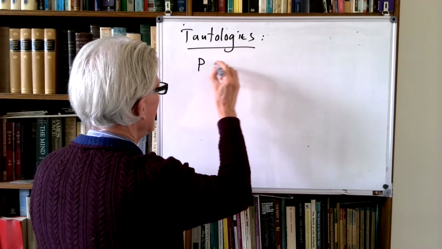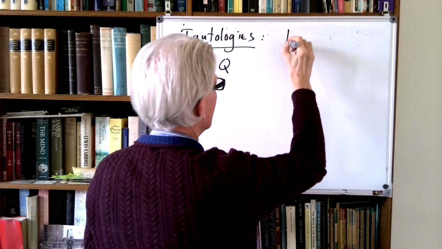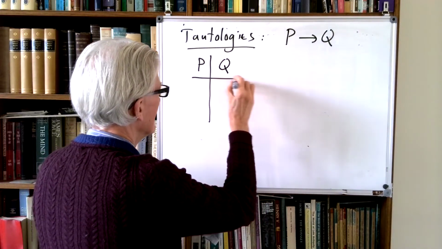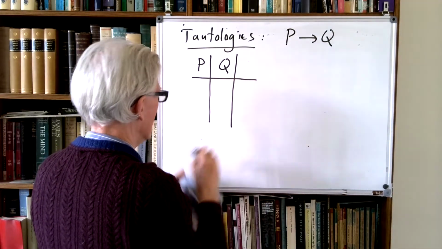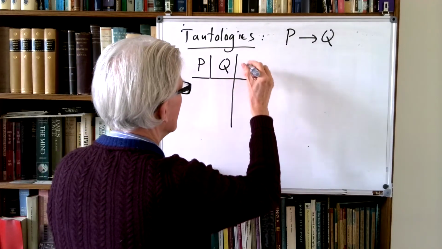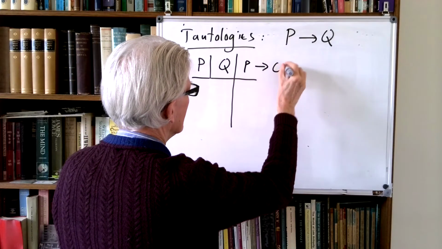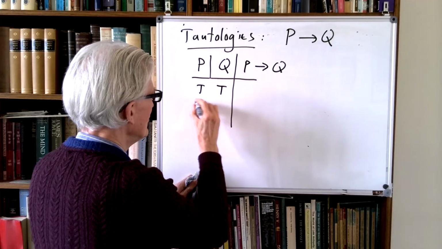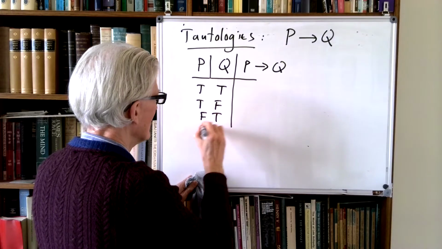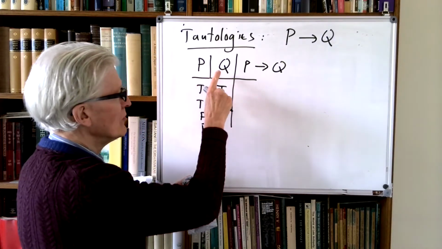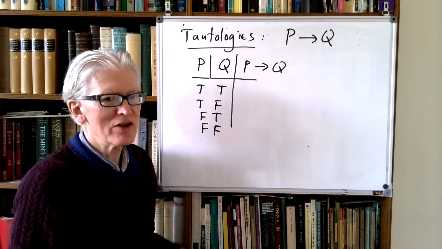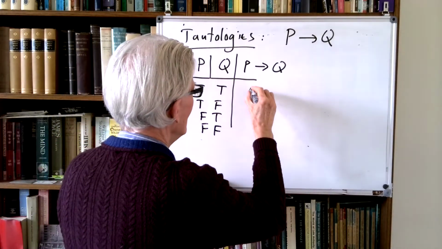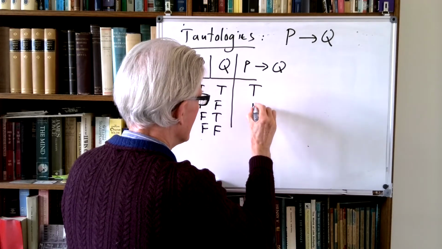If one has two letters, we look at the truth table for P arrow Q. Here we have true and true. We look at all possible distributions of truth values here. Because there are two letters in our formula, there are 2 to the 2 lines in the truth table. And this is always true except for this case here.